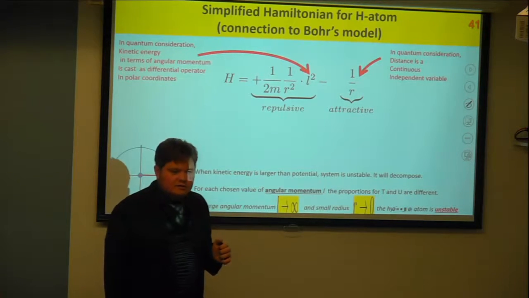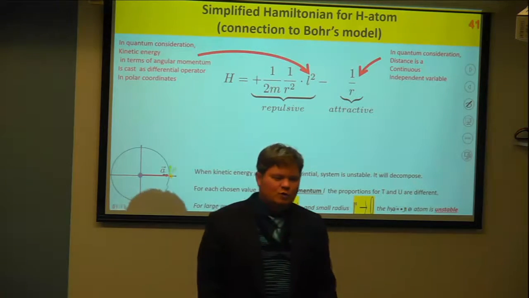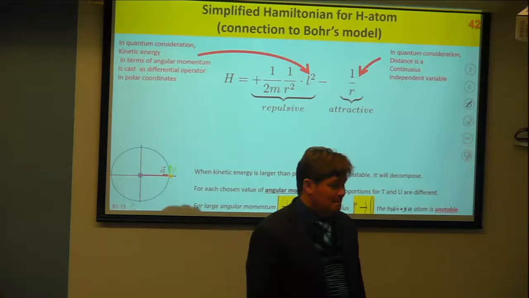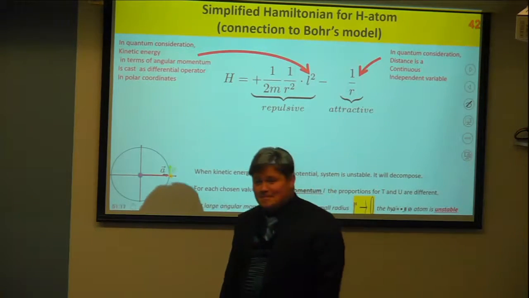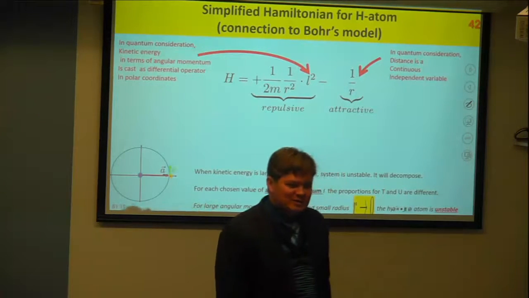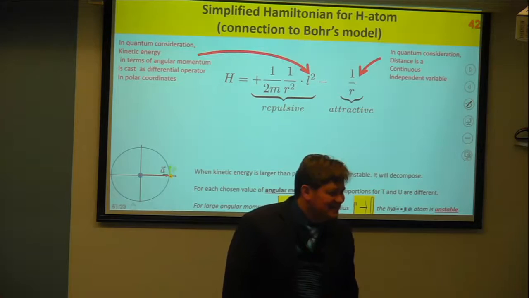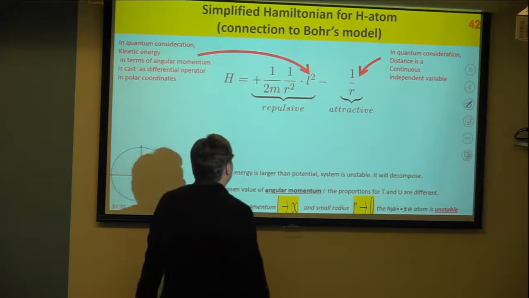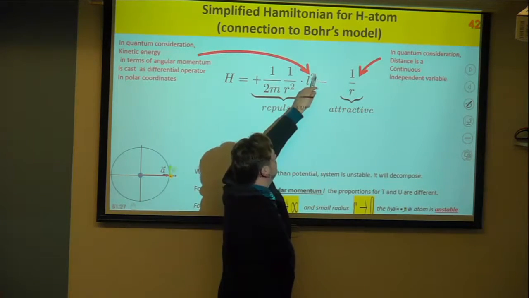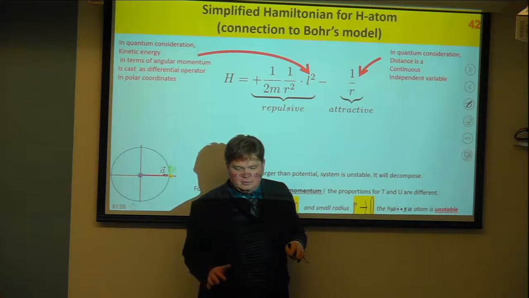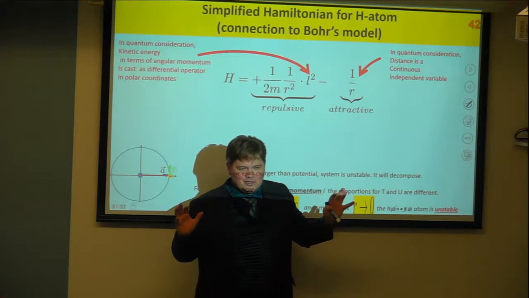Bohr was not aware of Schrödinger equation because Schrödinger equation didn't exist at this time. Bohr was not aware of quantum mechanics because he was just about to design it. So therefore, I could put this equation to impress your imagination, but it's big.